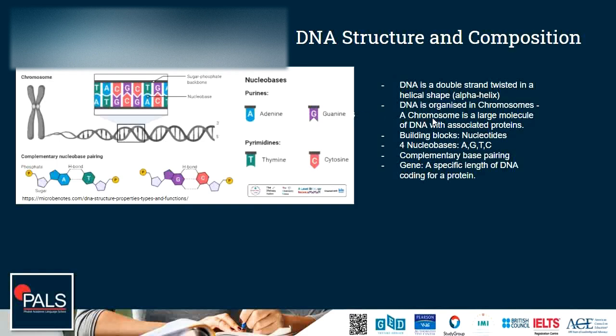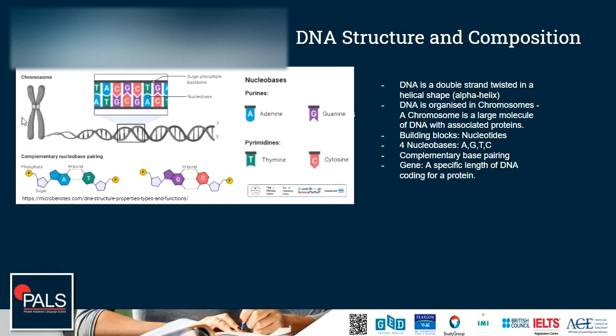A chromosome is a large molecule of DNA with associated proteins around which the DNA is wrapped. Chromosomes in this X-like shape you've probably seen before. These chromosomes only exist in this form during cell division, which we will talk about afterwards.